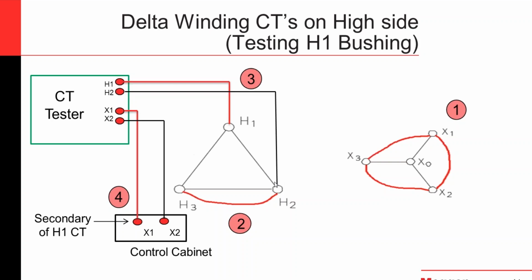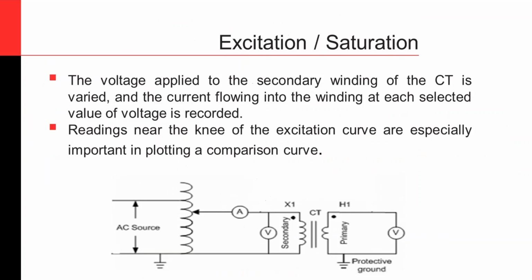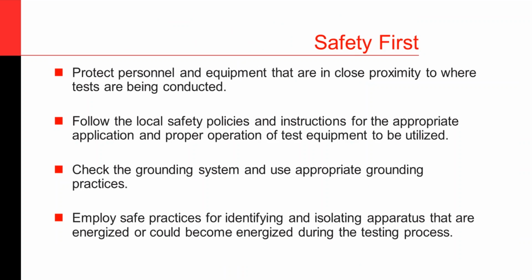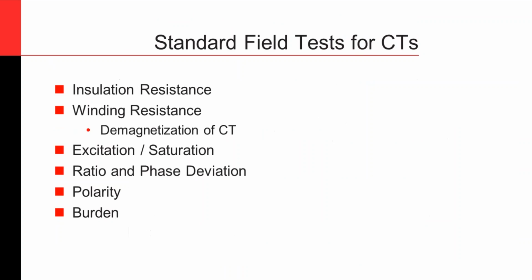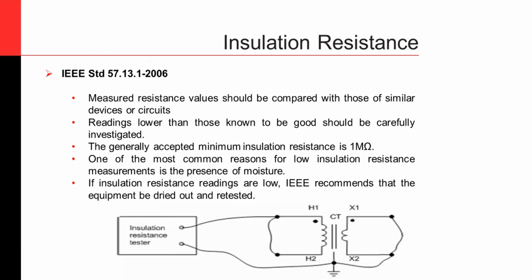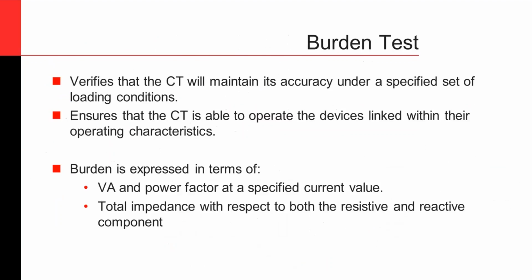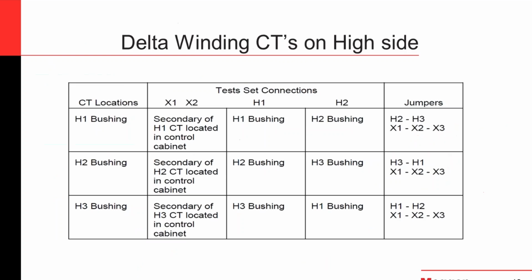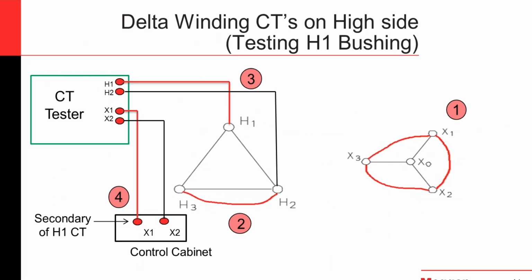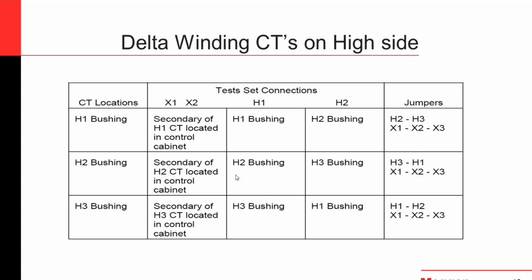Then you are going to do all the tests, as we mentioned before: insulation resistance, winding resistance, demagnetize the CT, and then do the excitation test. So you're going to do an insulation resistance, winding resistance, saturation test, ratio and phase deviation, and polarity test on that particular CT.